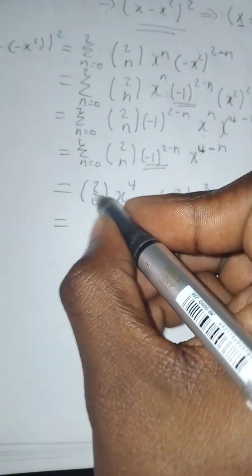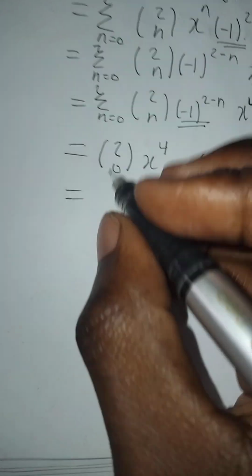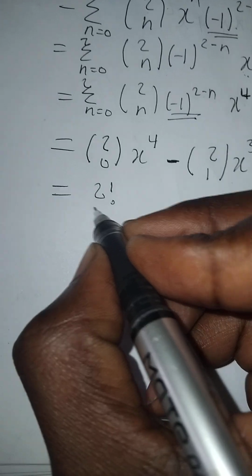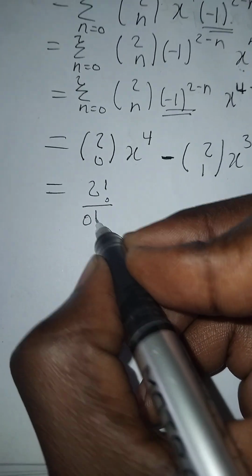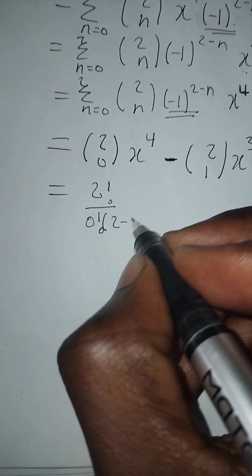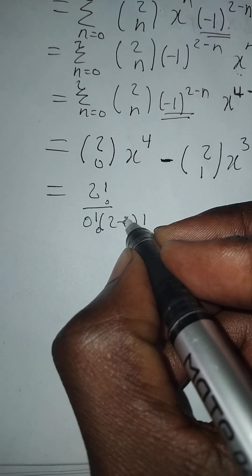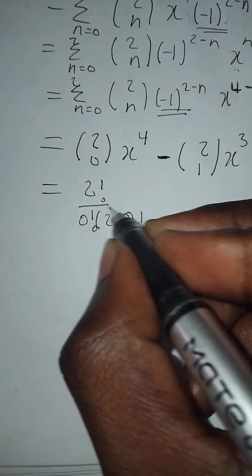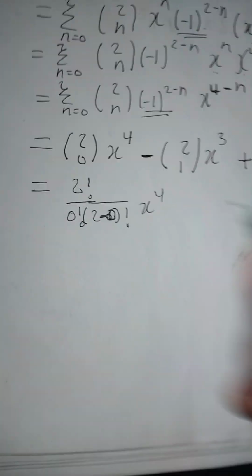So what is left for us now is to expand the combination. So 2 combination 0, we already know the formula, that is going to be 2 factorial divided by 0 factorial into 2 minus 0 factorial, just like that. Then x to the power 4.